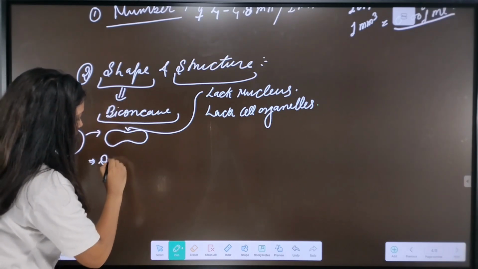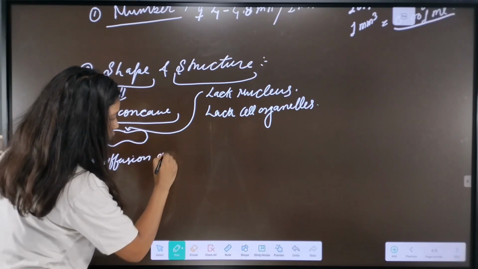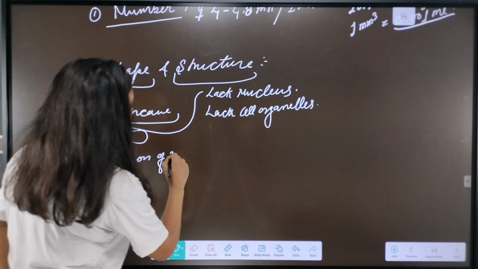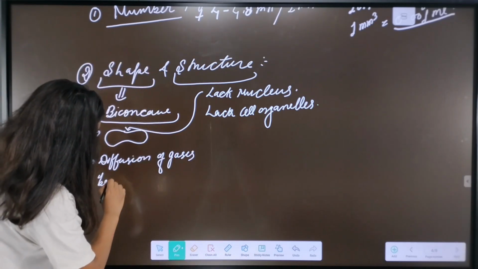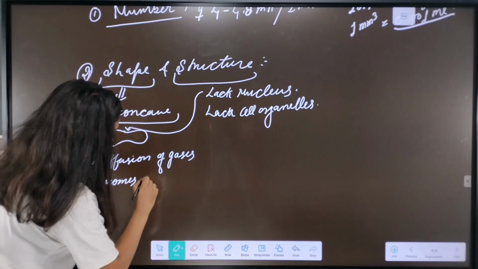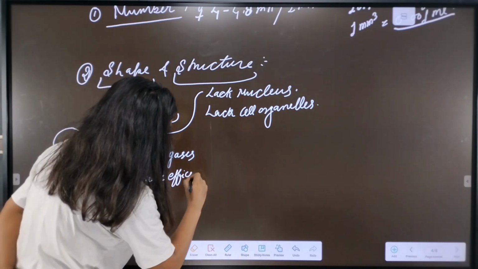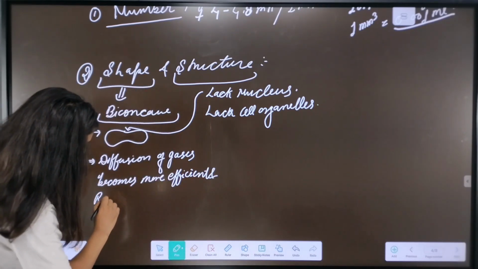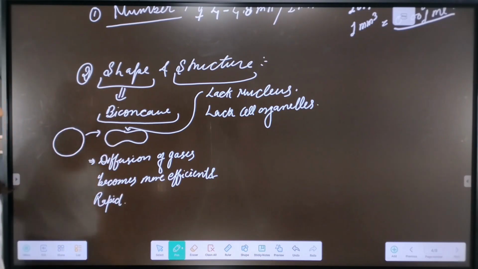Diffusion of the gases, oxygen and carbon dioxide, becomes more efficient and rapid because of this shape of RBCs.